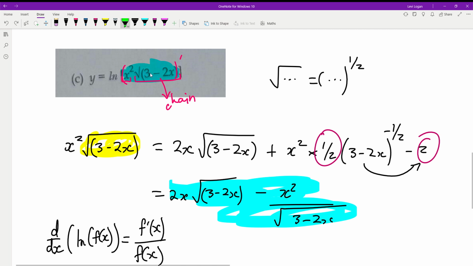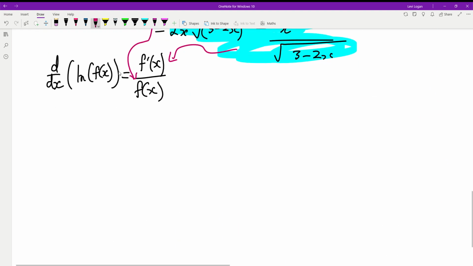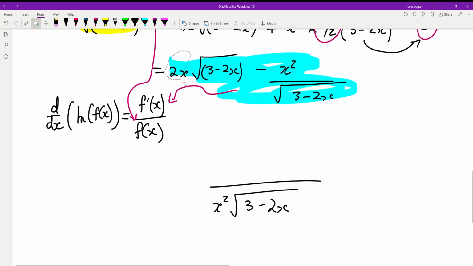This is the differential of that. So this bit in here will go on the bottom, and this bit in here will go on the top. Let's write that very quickly. So it'll be x squared square root of 3 minus 2x, all divided by this entire thing here. So let's just copy this guy.